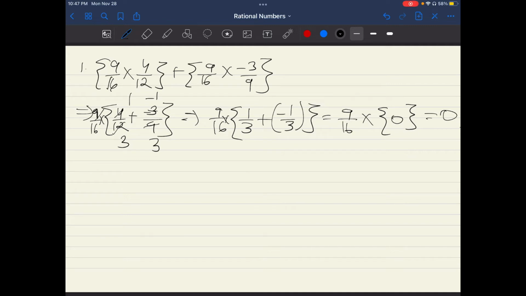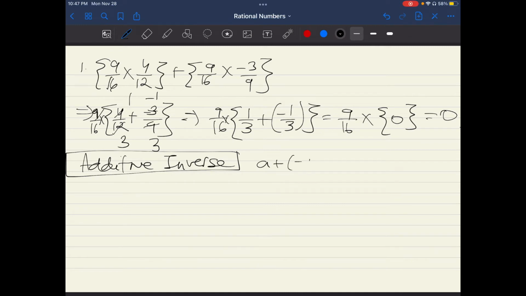Now let's work through examples of additive inverse. You remember from the definition of additive inverse, additive inverse has to be such that a plus minus a equals minus a plus a equals 0.